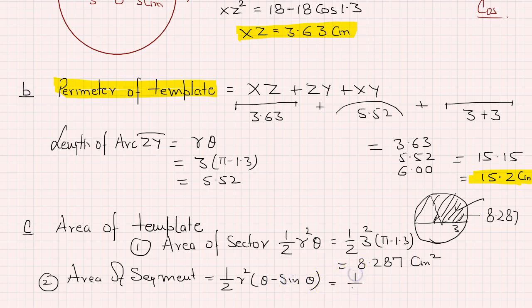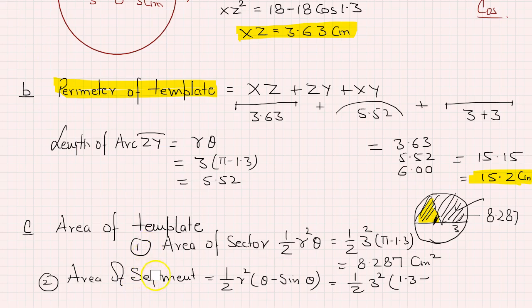So that is half, r is 3 square, now theta we are going to use this angle, that is 1.3 minus... no, we are not going to find the area of the segment, we have to find the area of the triangle. This is a triangle only, this is not a segment. So we are not going to use the area of a segment.